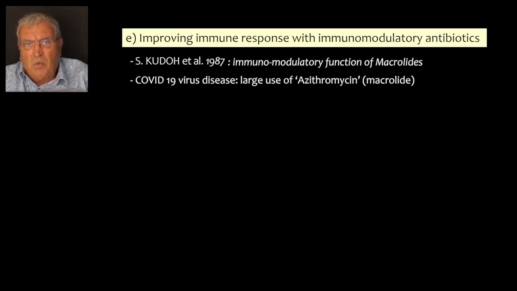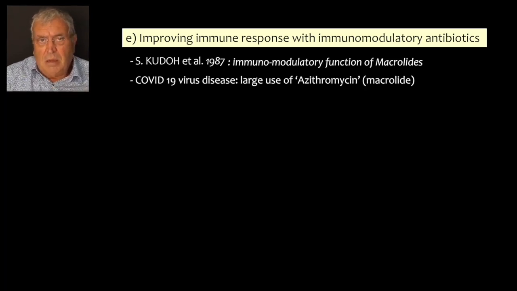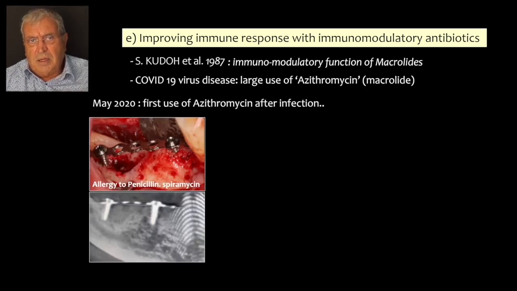But we saw a large use of azithromycin, because azithromycin is the most powerful immunomodulatory macrolide, the most powerful immunomodulatory antibiotic. And then I said in my mind, we need to start.